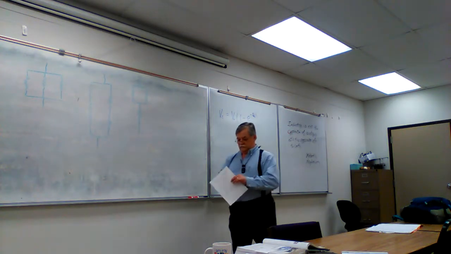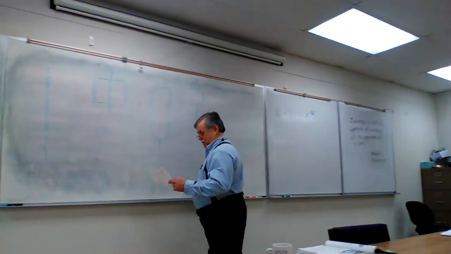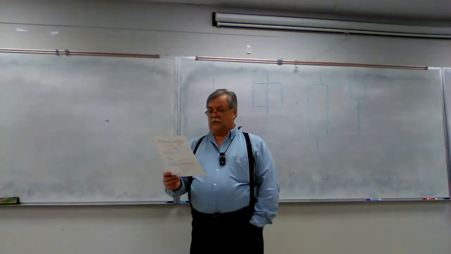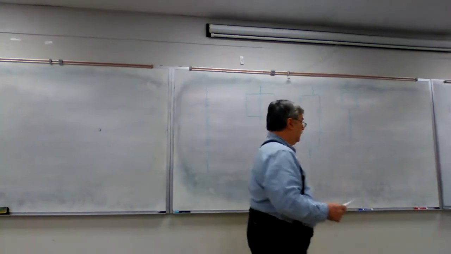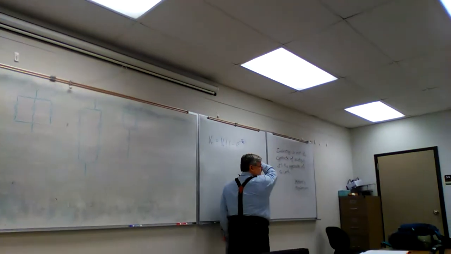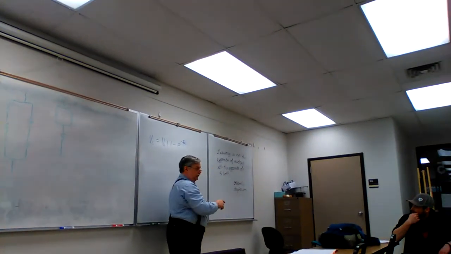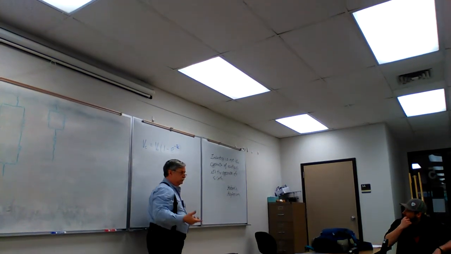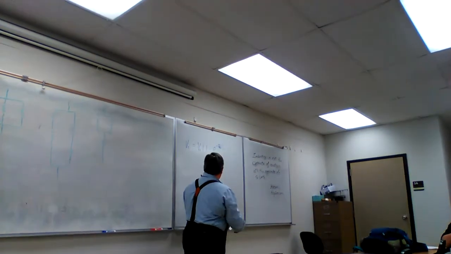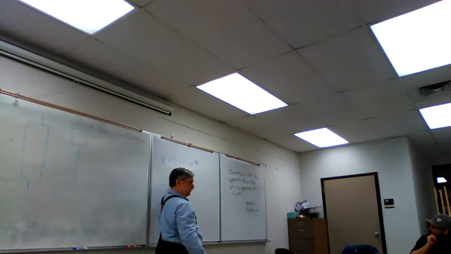Right. That's the equation that you're working with. Remember, at t equals 0, e to the minus 0 is what? 1. So 1 minus 1 is 0 times the voltage applied.